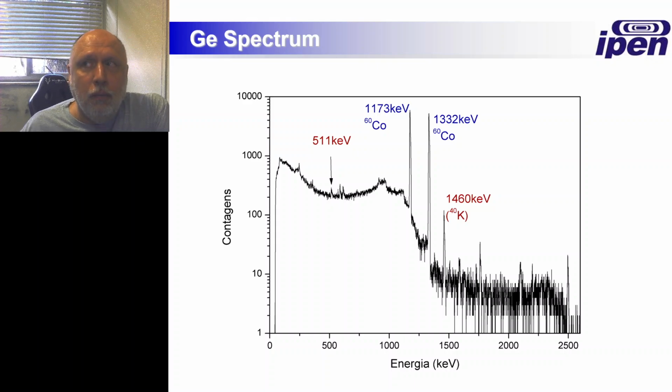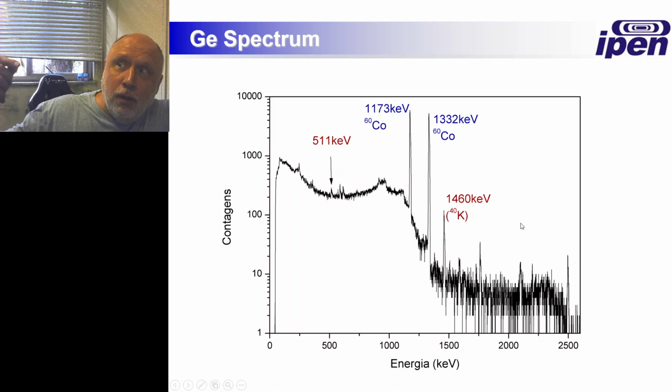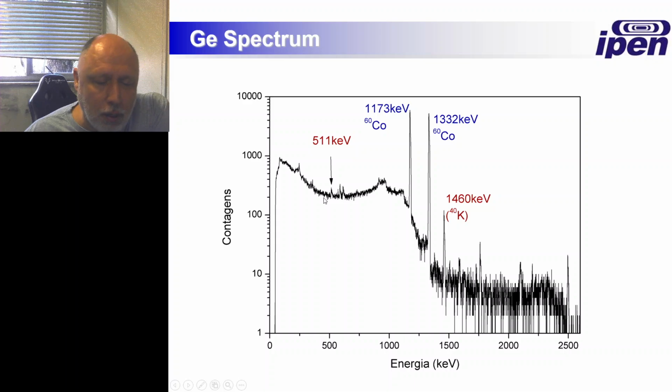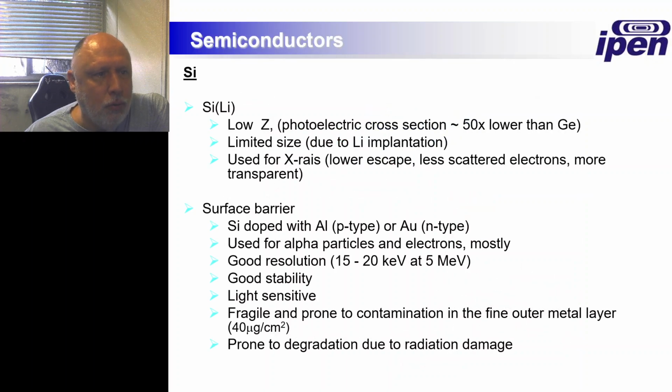In this energy range, pair production is not dominant. It's still weak, but there is still some pair production happening. And then remember, when the positron annihilates, it produces two 511 kilo electron volt gammas. And so you see, everything we've talked about so far starts to come up.